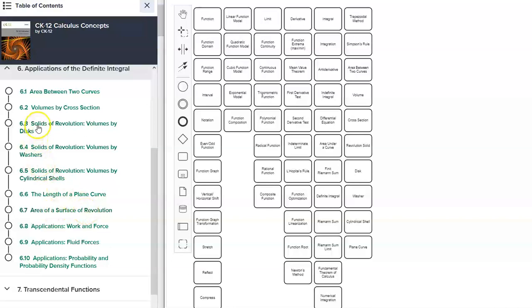Now see up here we had solids of revolution. Now we have this concept of surface of revolution. So that would be revolution surface. Applications of work and force.